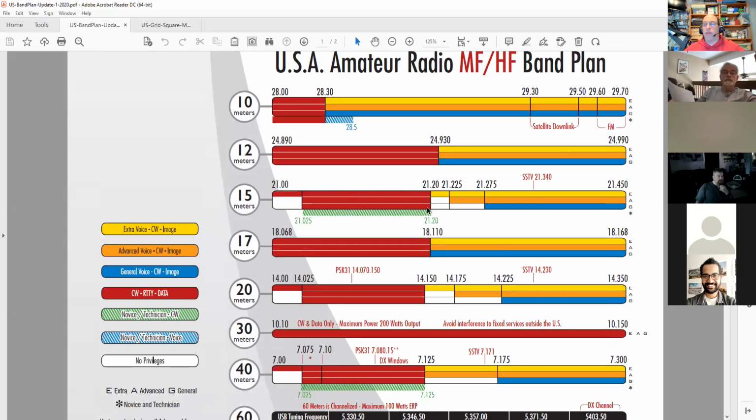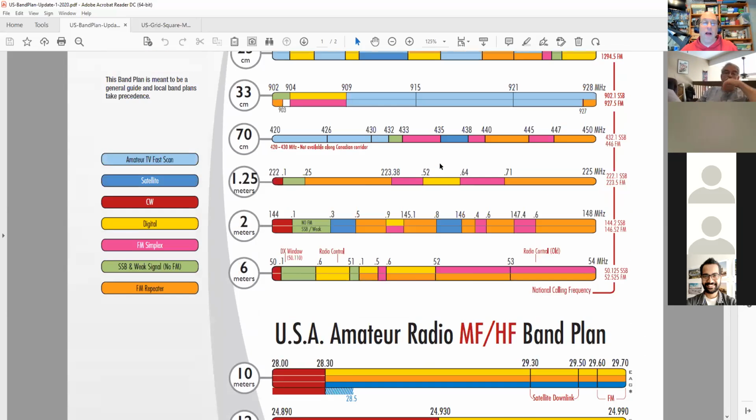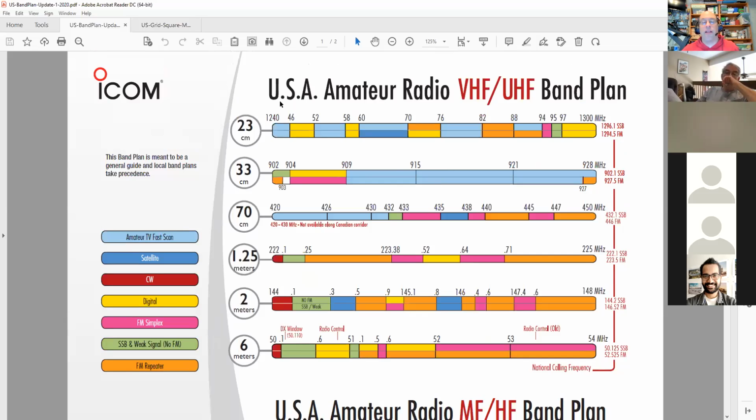You're allowed to operate with an output power of 200 watts, believe it or not, which is more power than I ever run. If you're operating, with a few exceptions, on these upper bands, anything 6 meters and shorter wavelengths, you're allowed to run 1,500 watts, unless there are specific rules where you live.